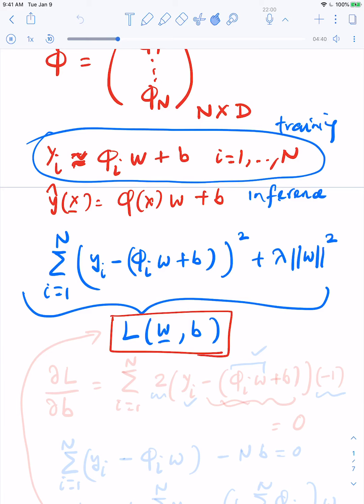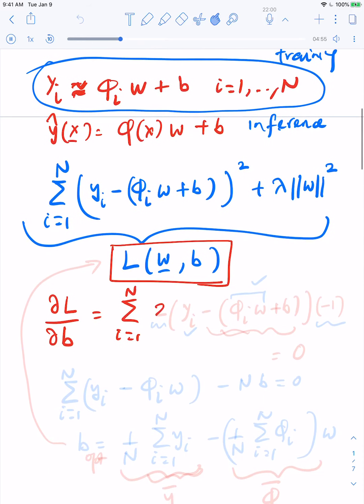So let me knock off the bias term first. Let's take the derivative of this with respect to the bias term. What's it going to be? It's going to be summation over all those terms, and then 2 times yi minus phi i w plus b.